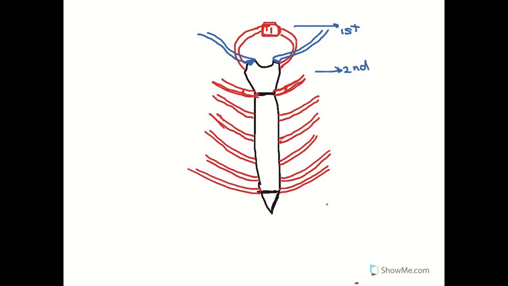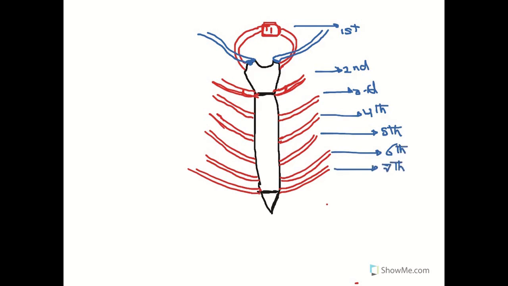So here third rib and third space and third costal cartilage, sorry, and this is fourth rib and fourth costal cartilage, fifth rib and fifth costal cartilage, and this is the sixth rib and sixth costal cartilage, and this is the seventh rib and seventh costal cartilage. So this is the costal cartilage in the blue color, and the rest of each rib is bone.